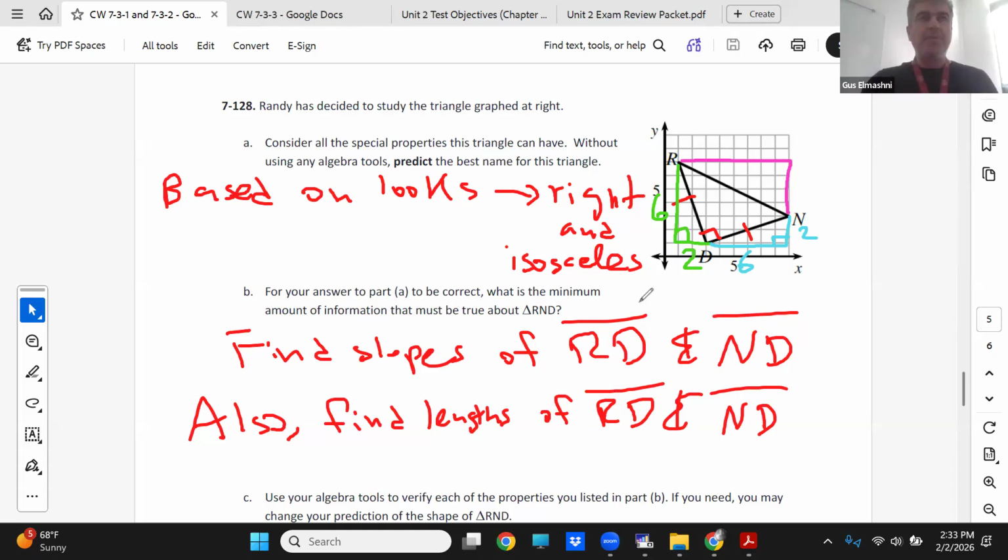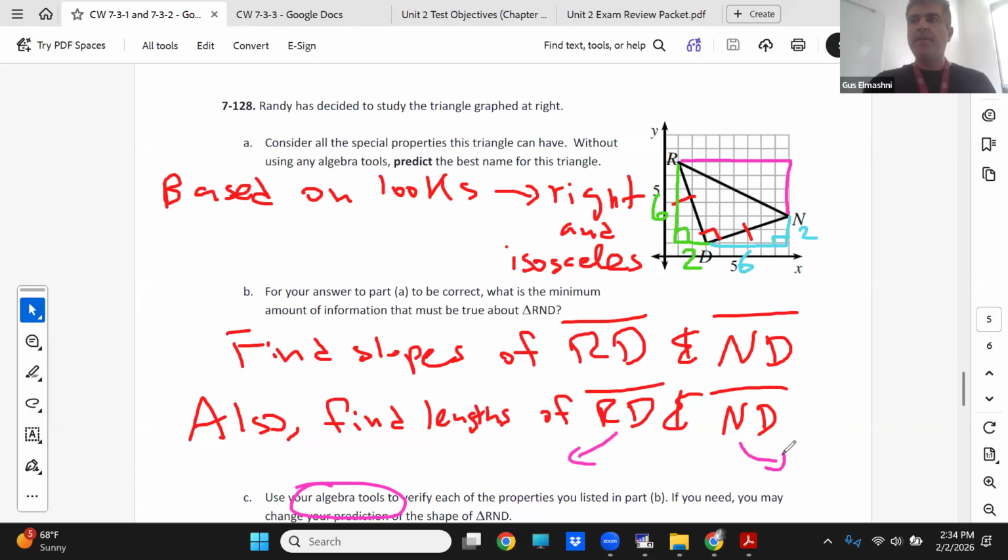Okay, go and find the slopes. So that's going to be part C. Find the slopes of RD and ND and the lengths of RD and ND, because now you're using algebraic tools. Griffin, go ahead. Find the exact lengths. Let's leave it in radical form. That's fine too. Sure.